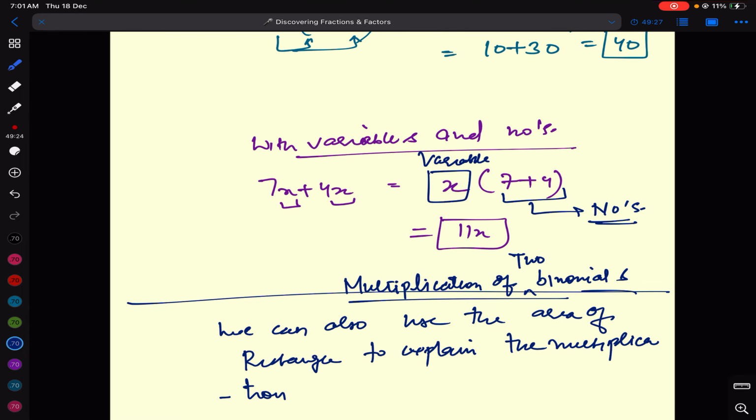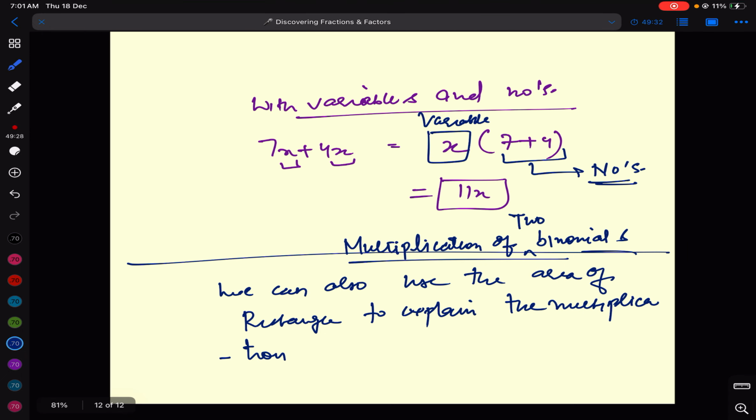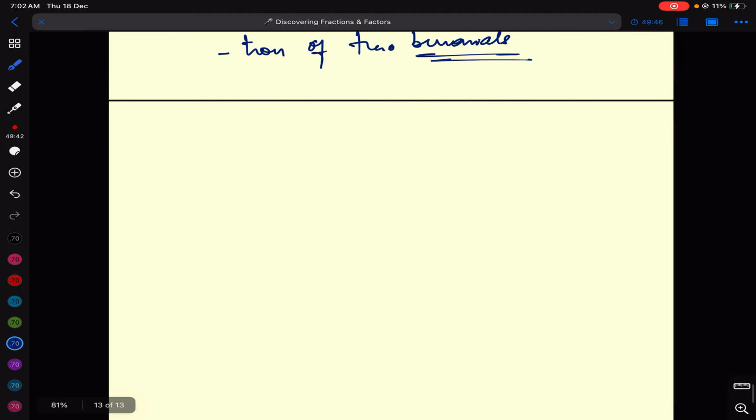So here we basically are talking about multiplication of two binomials. Clear? I'll give you the explanation now.